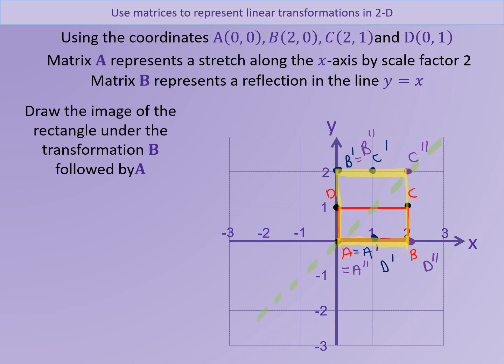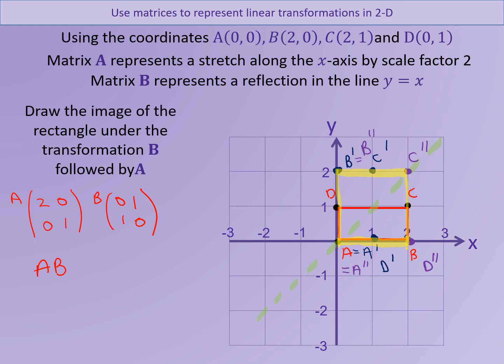So let's see what this would look like if we were to use the matrices instead. Now, from that previous slide, we had A represented by [2, 0; 0, 1], and B by [0, 1; 1, 0]. And as we said last time, B is applied first, then A. So we are working out AB, because it would be this combination that would then be multiplied by the coordinates.